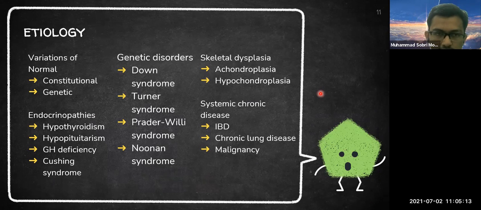Genetic disorders can also cause short stature, which are Down syndrome, Turner syndrome, Prader-Willi syndrome, and also Noonan syndrome. Then skeletal dysplasia, achondroplasia, hypochondroplasia, and lastly, systemic chronic diseases such as inflammatory bowel disease, chronic lung disease, and somatic NC. Also, I will be just touching on some of these diseases later.